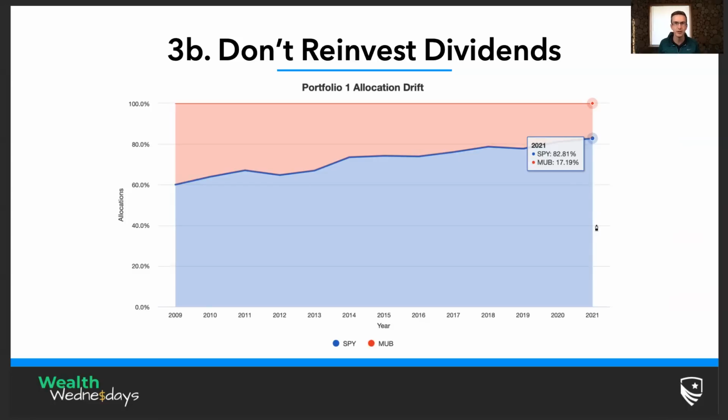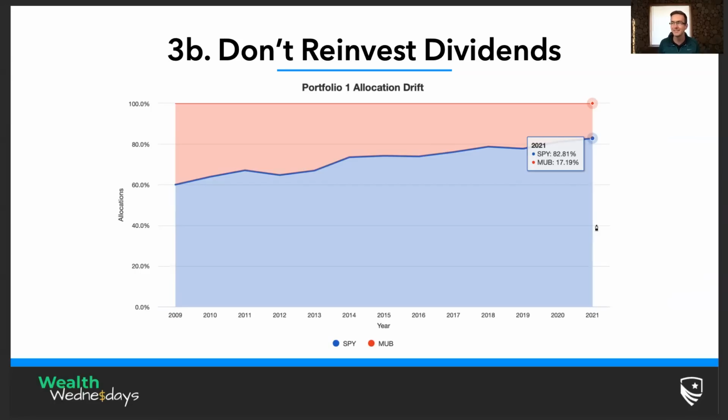You've set an allocation. Ideally, you want to rebalance back to that allocation. Well, when we're reinvesting dividends, we're oftentimes reinvesting in things that are performing very well. And so we're forced to sell. That's what a dividend is in a sense, or it's an equivalent event tax-wise. And now we're reinvesting that back in when we should be using that to rebalance.